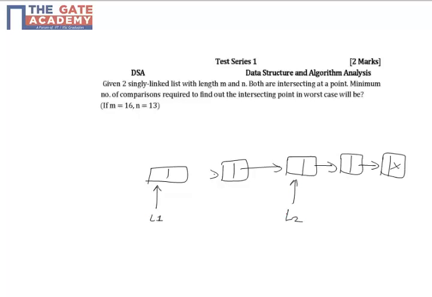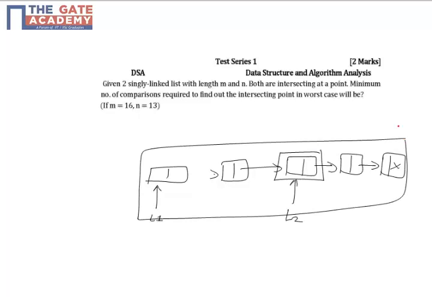The intersection of these two lists is this node, and after that all the nodes are common. That means if all the nodes of one linked list intersect with the other, this is the example.